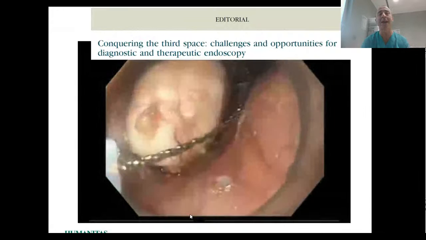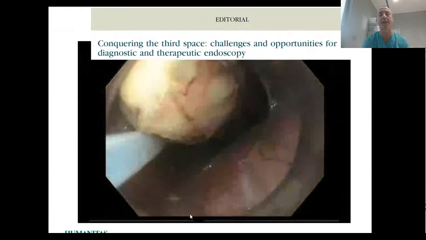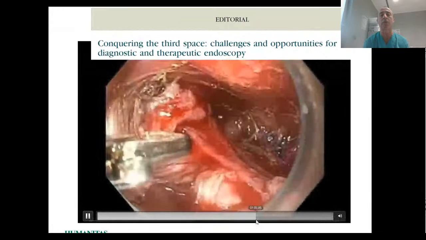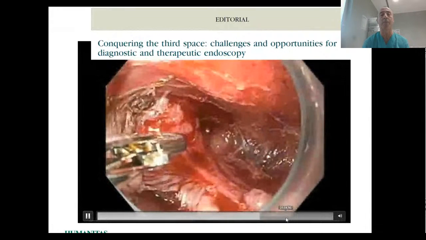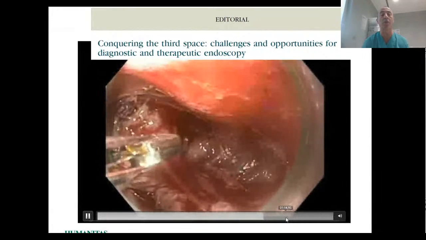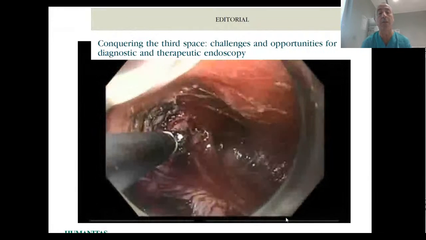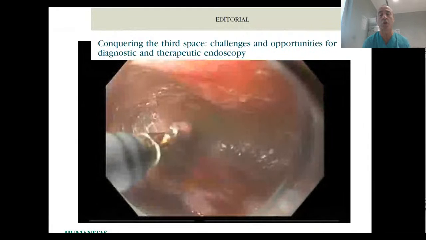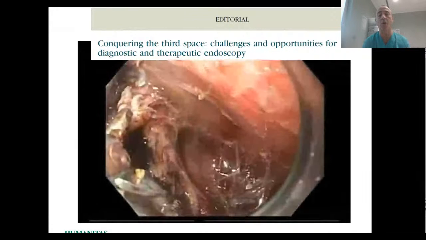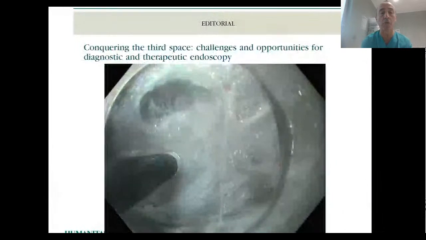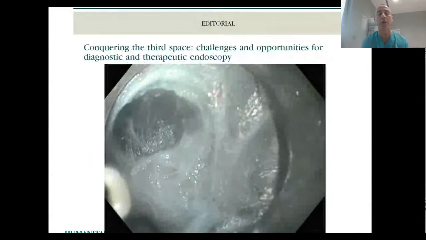The main problem was just to take out the GIST, but at the end, we were able to remove it entirely and close the mucosal entry with clips. There was a little bleeding point that we controlled using the coagulation grasper.